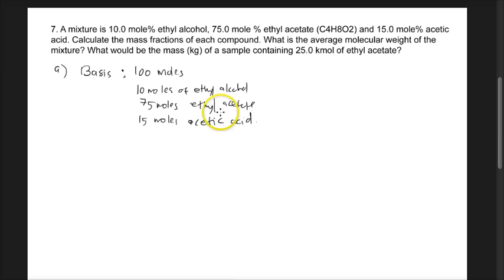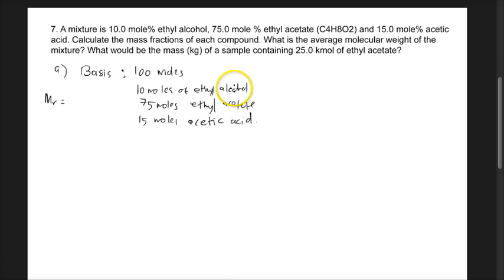Alright, so now we need to convert these moles into the mass of each compound. First we need to find the molecular mass of each compound.